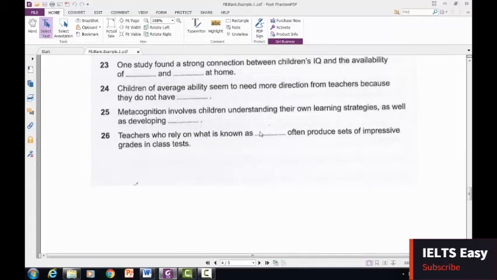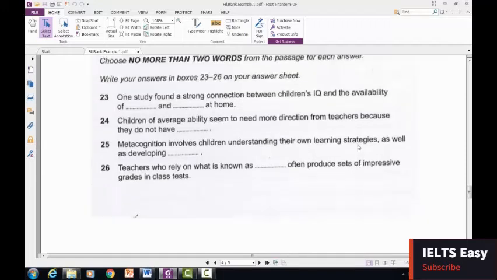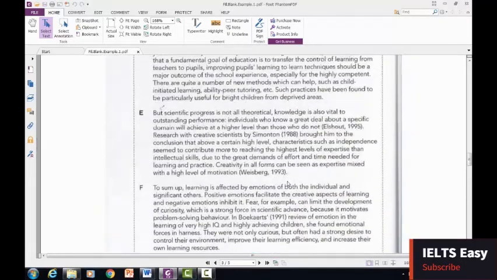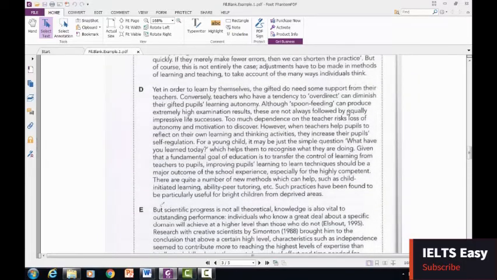The answer is spoon feeding, because it says here it can often produce sets of impressive grades. So what can produce? Like I said, the language will connect to what's before or after the blank line. Whatever this is will produce sets of impressive grades in class. So when we look here, it says spoon feeding can produce extremely high examination results. So our correct answer is spoon feeding. Spoon feeding is what will produce those results.